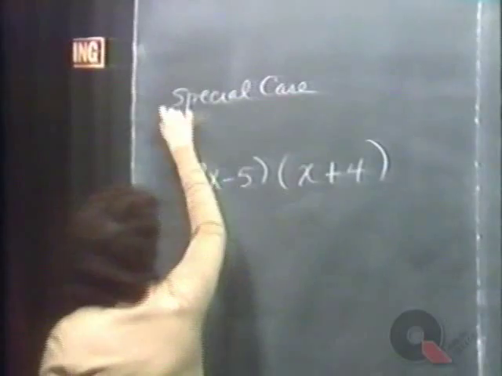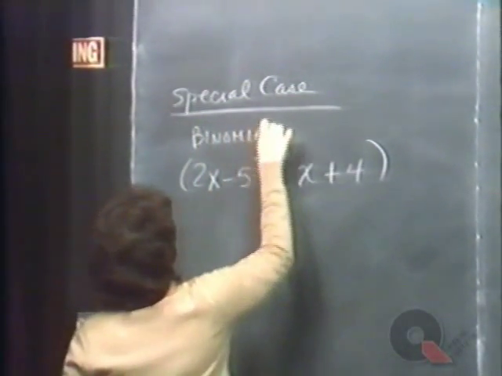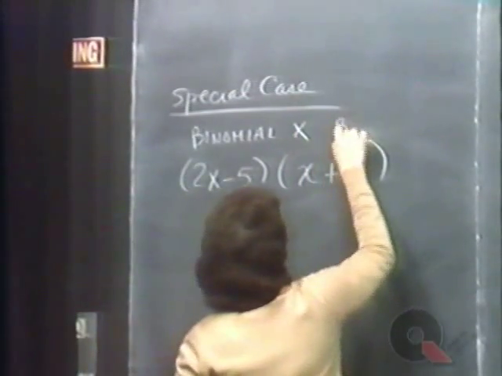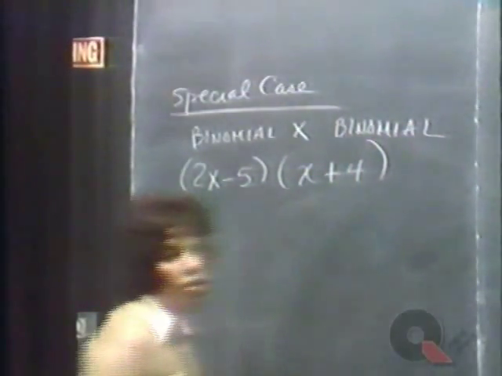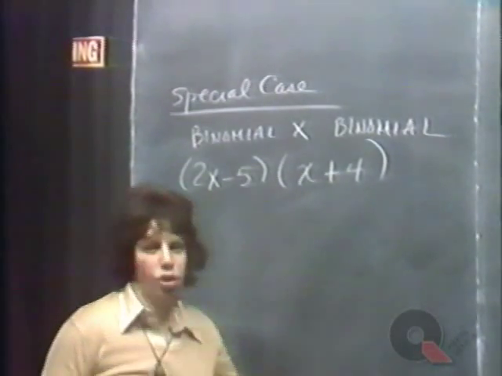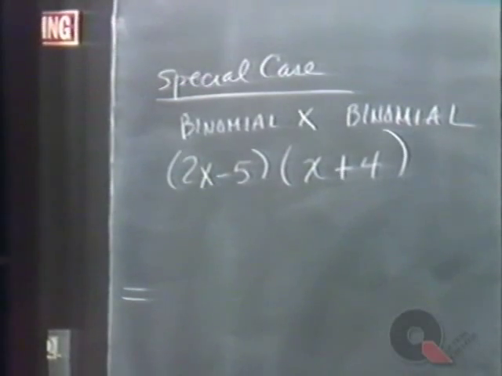The special case is for binomial times binomial, and it's only for that. You cannot use it any other time. You're multiplying two terms by two terms. Okay, we use the FOIL method.